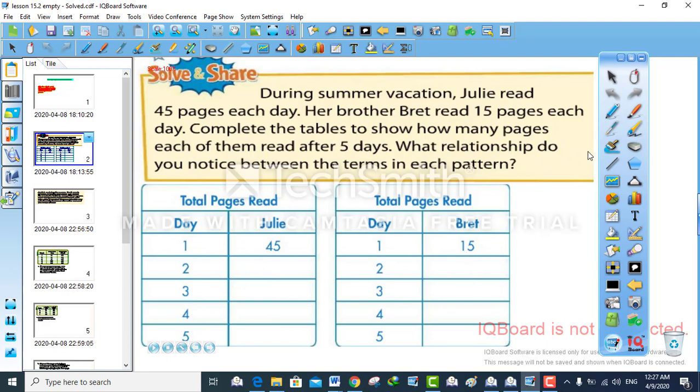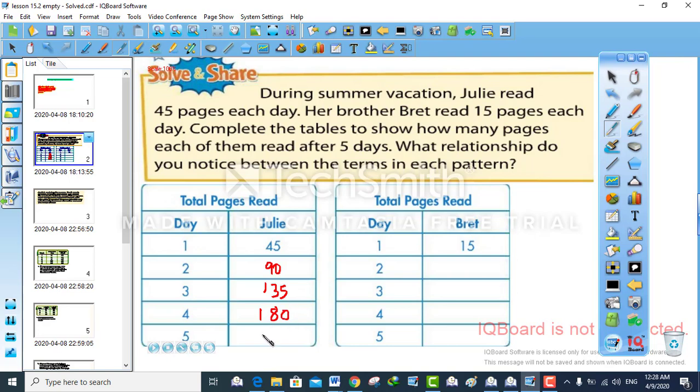So let's do it here. Every time we add the same number. 45 and 45 is 90. Then to add another 45, it's going to be 135. Then another 45 is going to be 180.